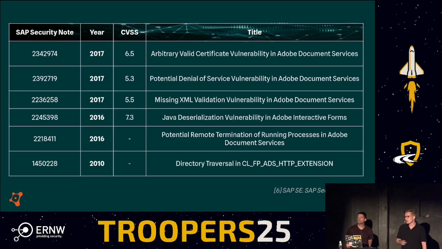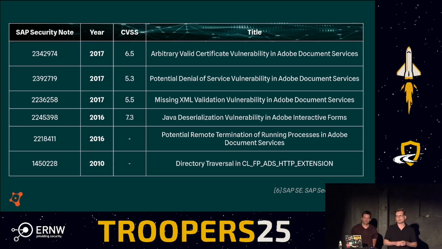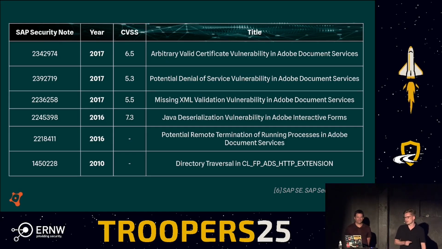So we tried to understand what previous research has been done on this component, and what other vulnerabilities have already been found. We looked at the SAP security notes on ADS, and as you can see here on the slide, this is what we found. You may first of all notice that the patches are quite old; the latest was from 2017.